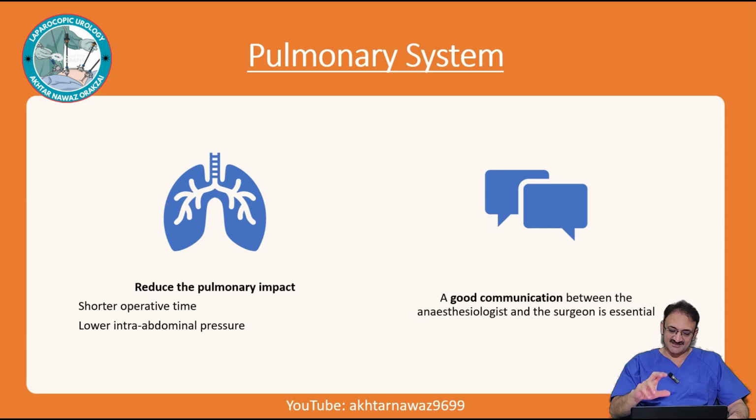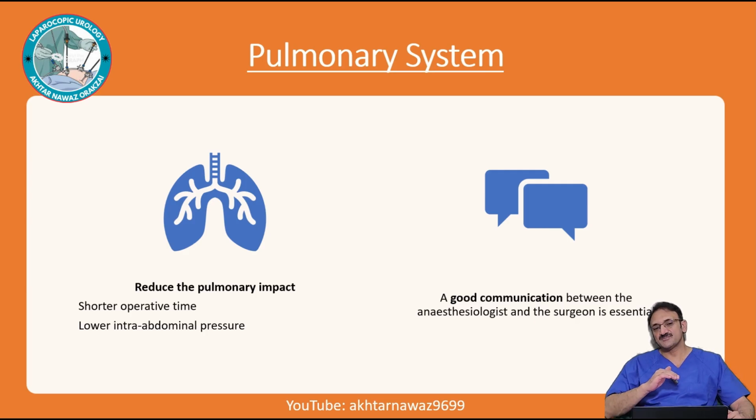So a shorter operative time and a lower abdominal pressure will have decreased pulmonary impacts on the physiology. All these effects discussed in the previous slide are reduced by shorter operative time as well as by reduced intra-abdominal pressure.